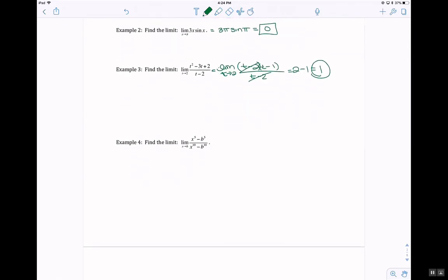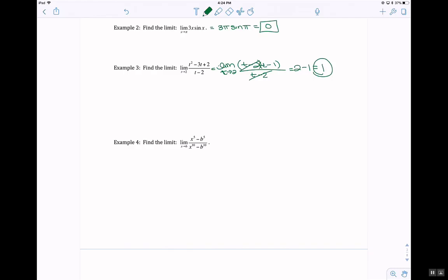Again, factoring. Limit as x approaches b, x to the 5th minus b to the 5th over x to the 5th minus b to the 5th times x to the 5th plus b to the 5th.